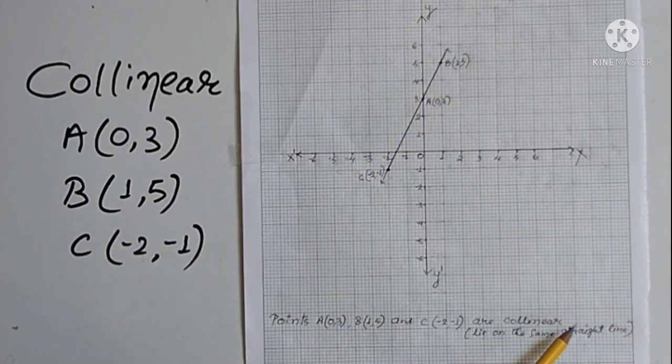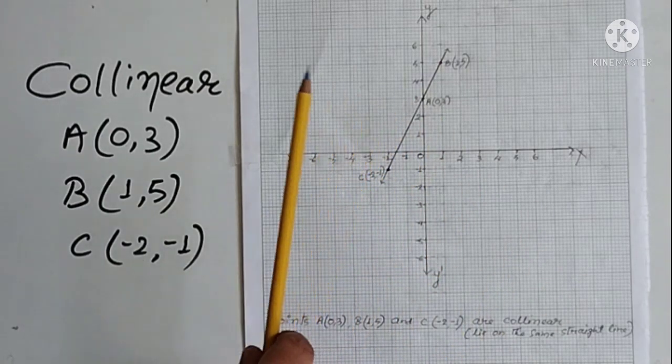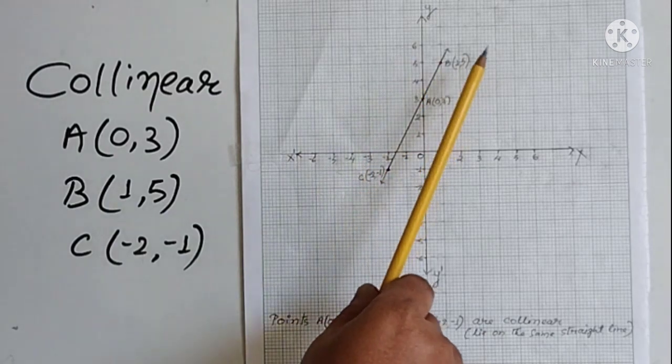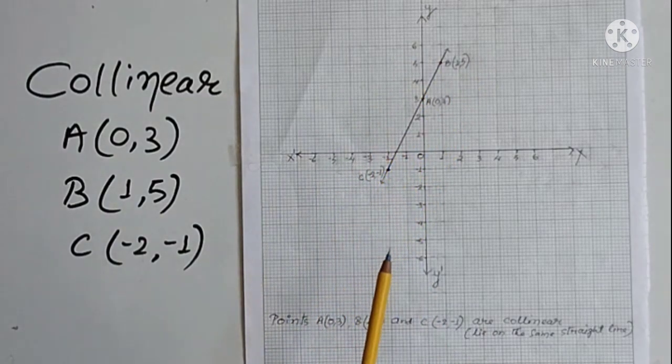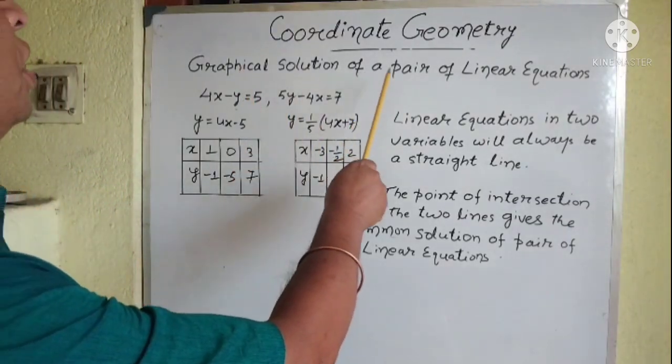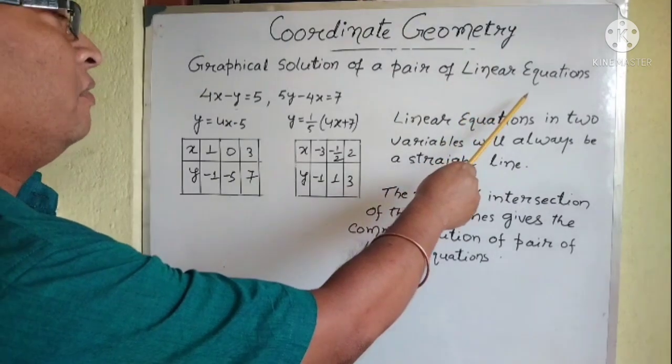That means they lie on the same straight line. And if these three points are not on the same straight line, then they are not collinear. Clear?